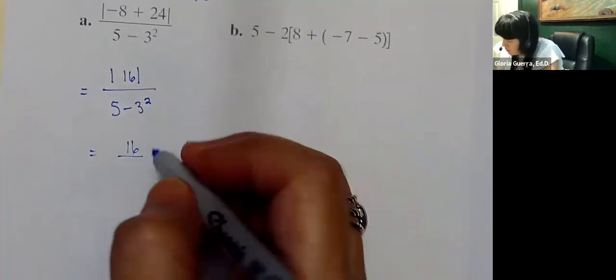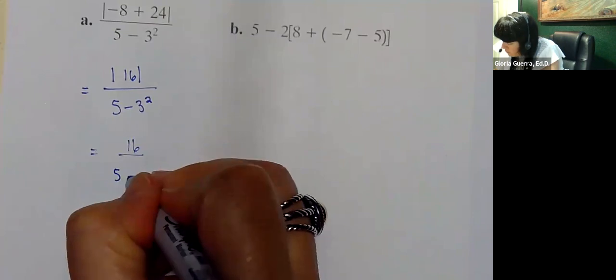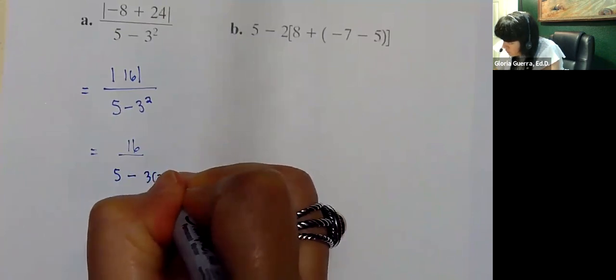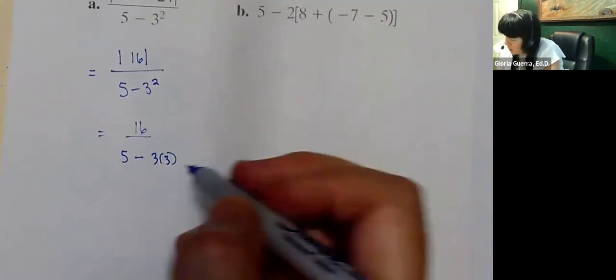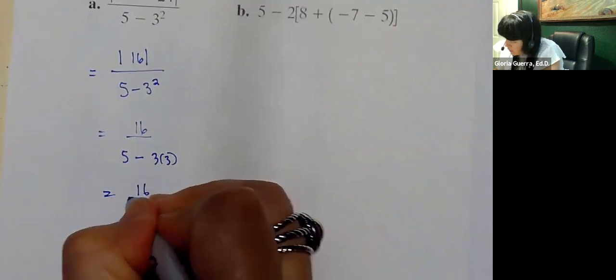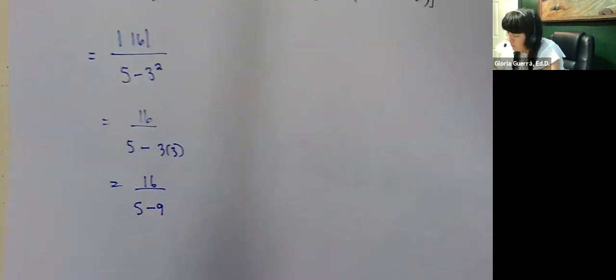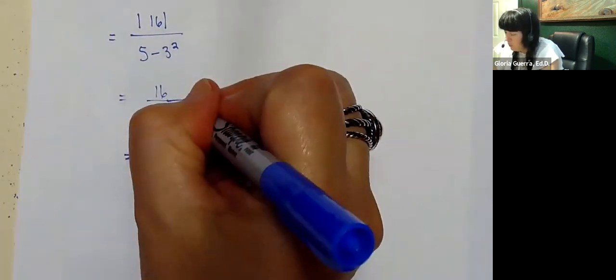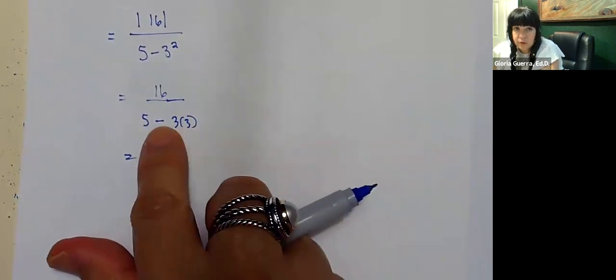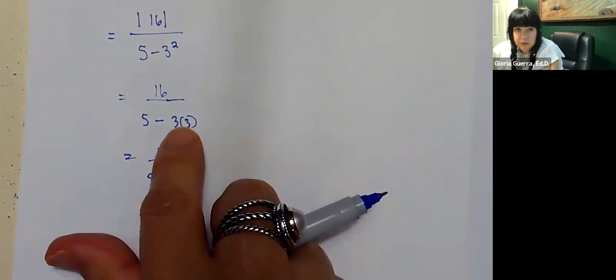Then on the denominator, this is 5 minus 3 squared, which is 3 times 3. And 3 times 3 is 9. Okay, so you've got to do all your multiplying and dividing before you can do your adding and your subtracting. So you've got to do this first.